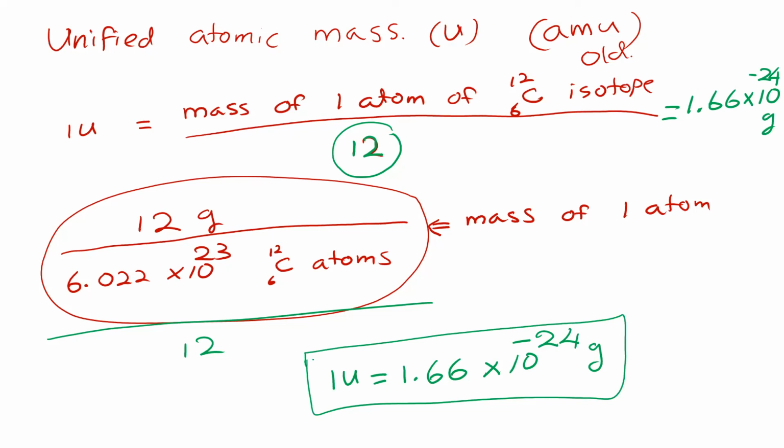Now what we do is we measure everything with respect to this number. It's pretty much like dividing one atom of C-12 isotope. So I'm going to erase this part.